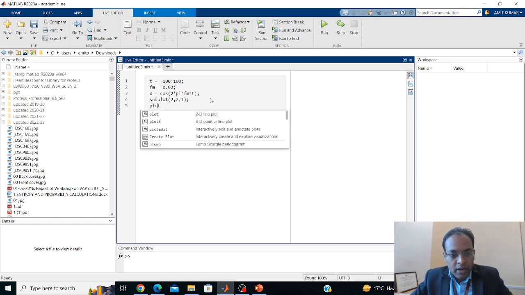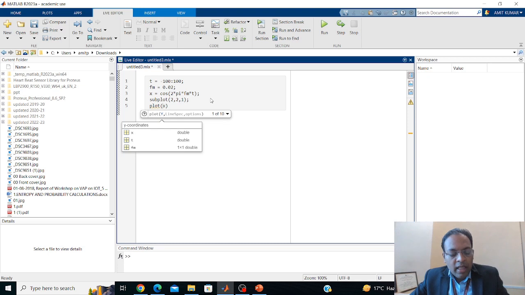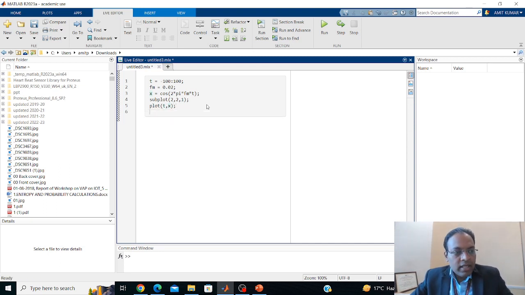So here we have to write the command plot, horizontal axis versus vertical axis. So horizontal axis t comma x. And after this we have to define the horizontal axis and vertical axis parameters.